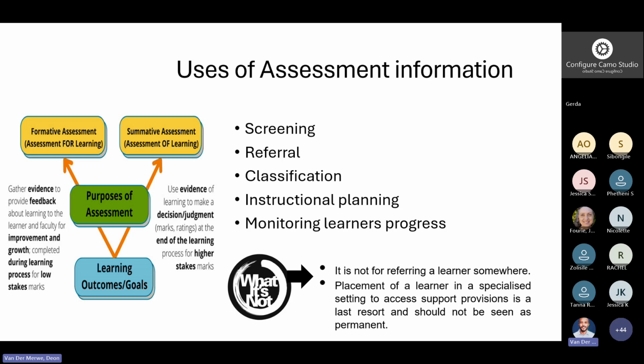And then there is classification, and this is to determine if a learner is eligible for either curriculum differentiation, which is from primary school up to grade 9, and thereafter it becomes accommodation from grade 10 to grade 12, or it can sometimes mean referral to a remedial or a special service school.